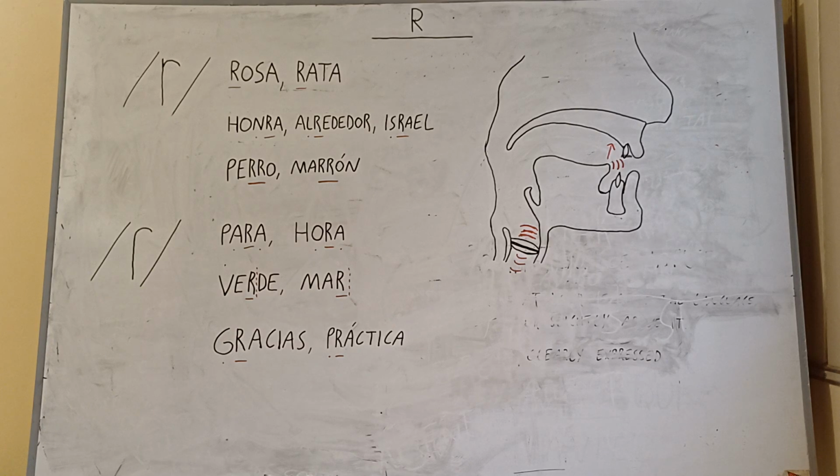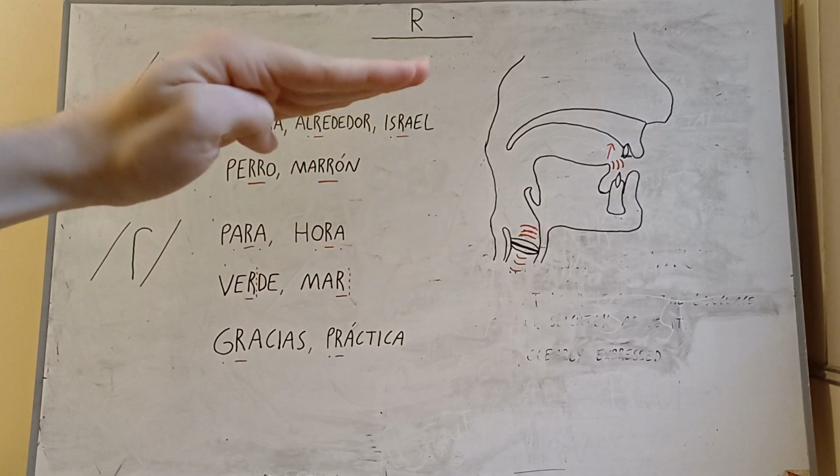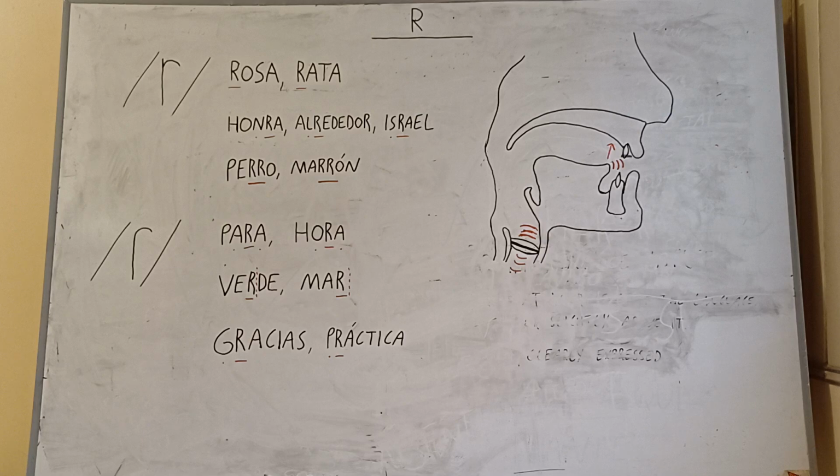It simply taps against the alveolar ridge and produces the sound r.